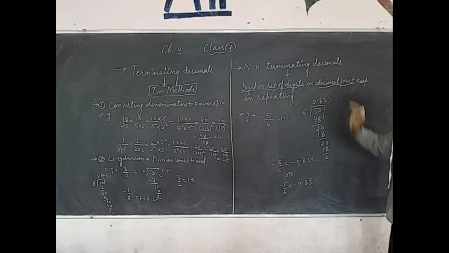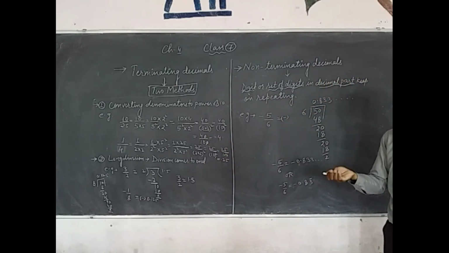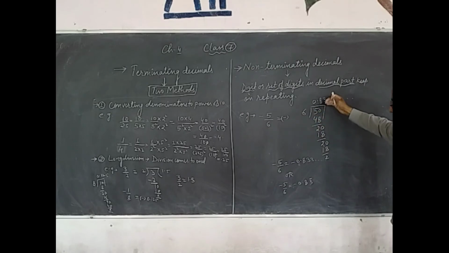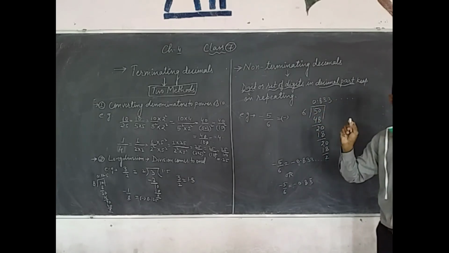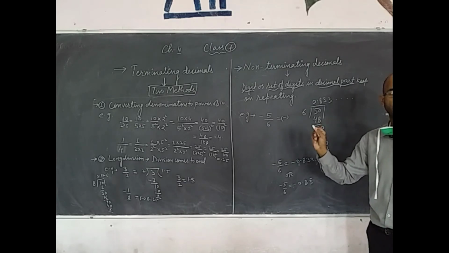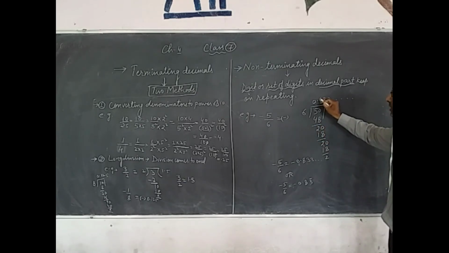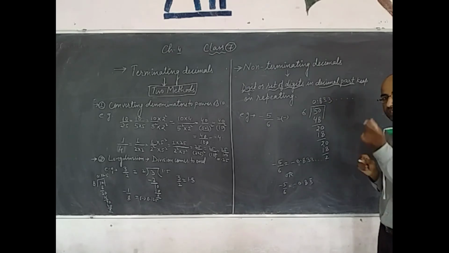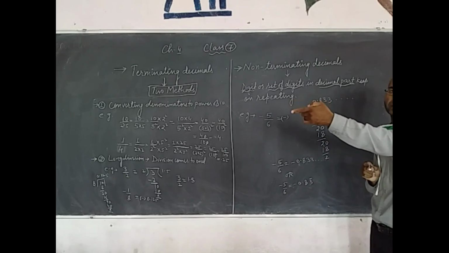And for the non-terminating, we have to do the simple division, and in this the division keeps going on, means the remainder should not come equal to 0, and in the decimal part, any digit or set of digits keeps on repeating.